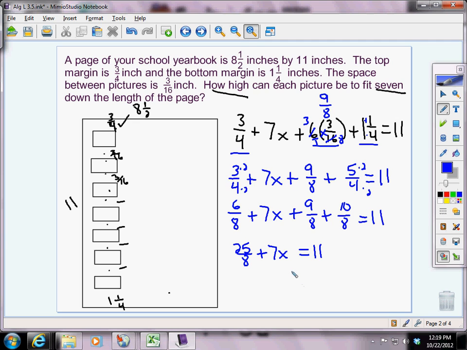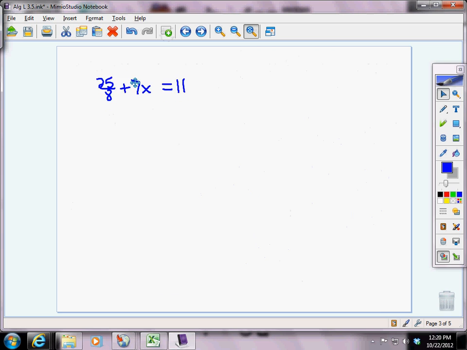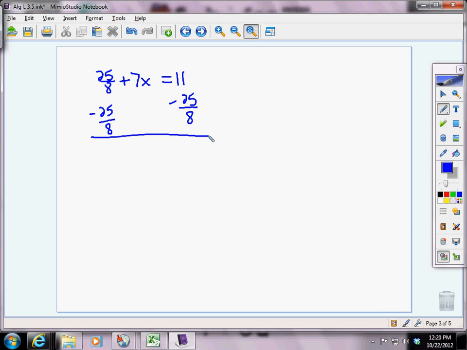Now, let's solve. I'm actually going to copy this and put it on another piece of paper because I'm running out of room. We're solving for 7x, so we have to get rid of 25/8, so let's subtract 25/8 from each side. That cancels.